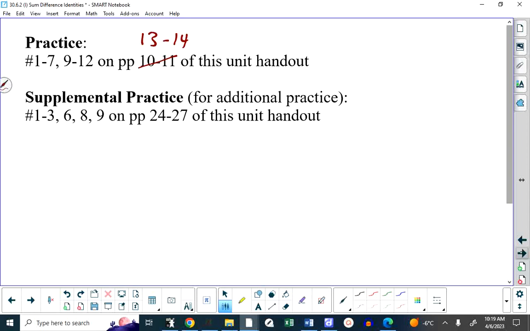And I will double check here, but I believe this is going to be starting on page 27. That's correct. These are supplemental problems. So these are extra practice ones. We are only spending one day on this, so we're not going to have time tomorrow to work on these. If you want to work on them, you can. The ones that are not assigned here are ones that involve proofs that we'll learn about next week.